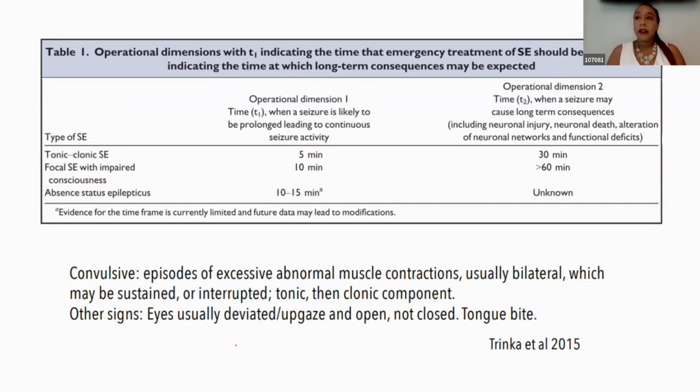Here is the operational dimension that covers different types of seizures. For tonic-clonic seizures, T1 is 5 minutes and T2 is 30 minutes. If we don't abort the seizure by the 30-minute mark, we're causing long-term consequences, which we don't want for any of our patients. For focal status with impaired consciousness, T1 begins at 10 minutes, and the prolonged long-term consequences start occurring at around 60 minutes.